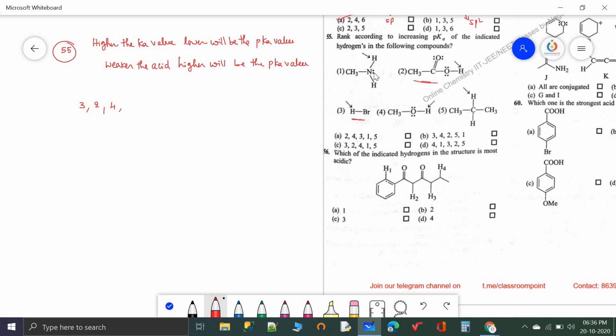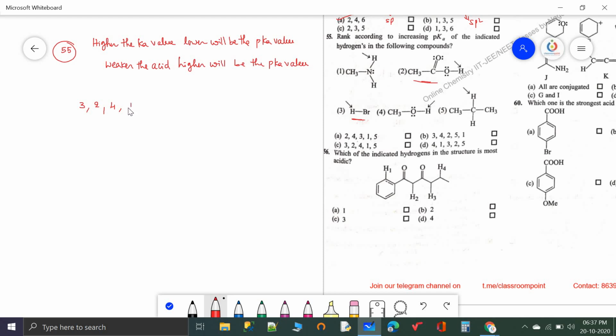And between these two compounds, after the loss of H plus, the negative charge comes over to the nitrogen. Here after the loss of H plus, the negative charge will come over to the carbon. So between these two atoms, nitrogen is more electronegative than carbon, so nitrogen is able to release the H plus compared to the propane molecule. So it is a stronger acid than this one.